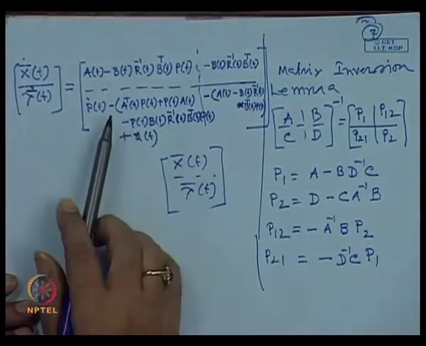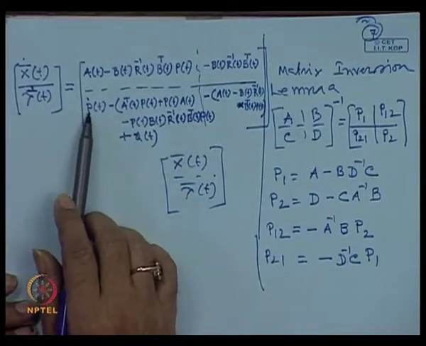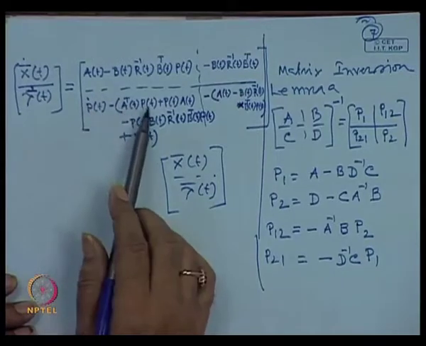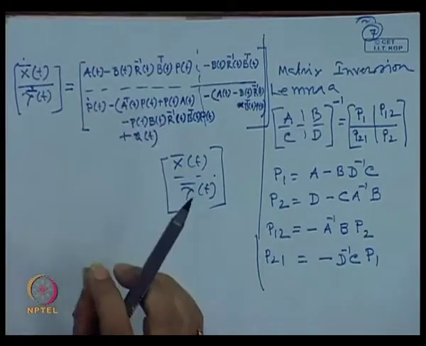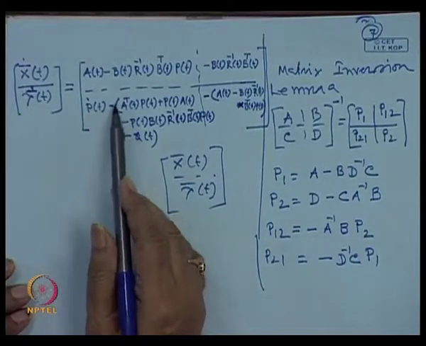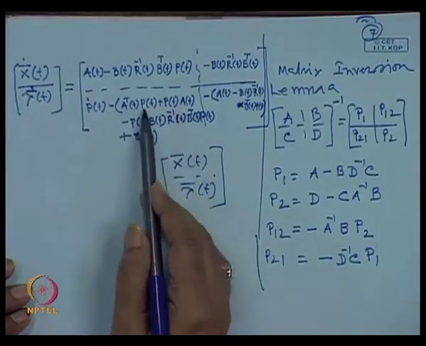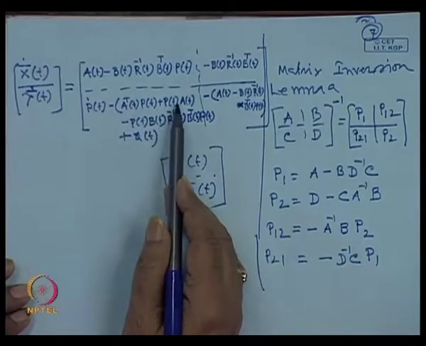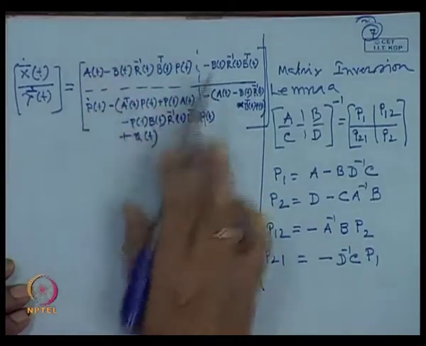Now, I am telling you, you select P of t in such a way that P dot of t minus the whole expression with A transpose P of t and P of t A of t will be 0.